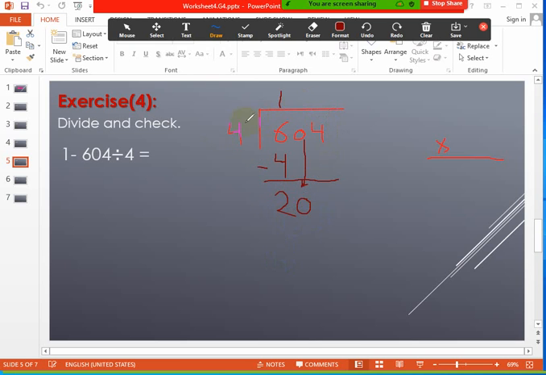Which number, if I multiply it by 4, the answer will be 20? 5. That means 20 divided by 4 equals 5. Now 5 multiply 4 equals what? Very good.